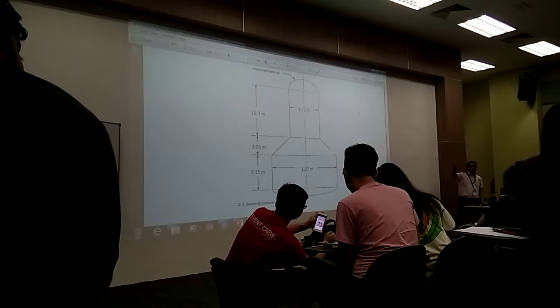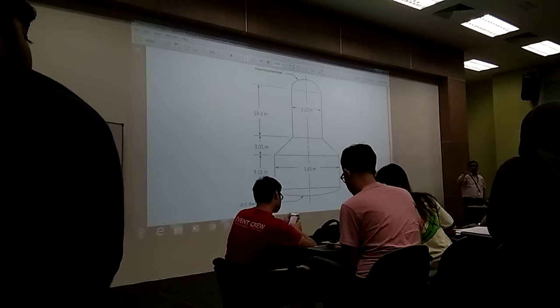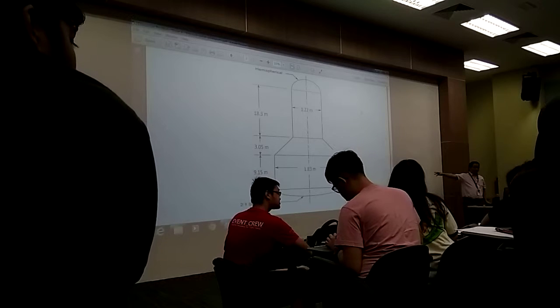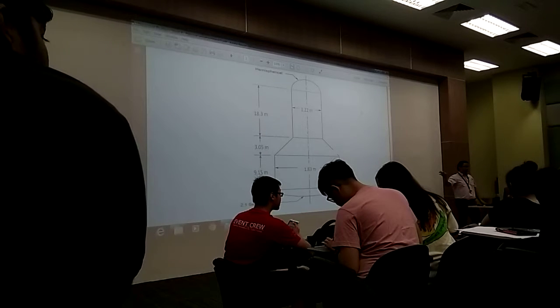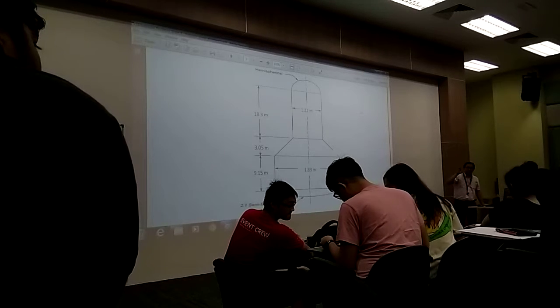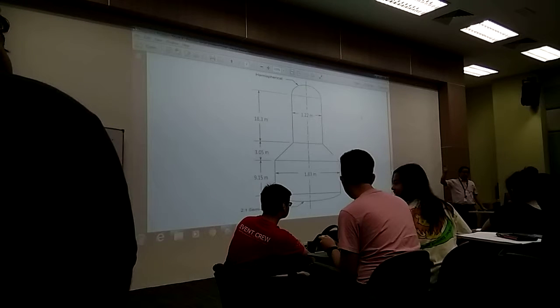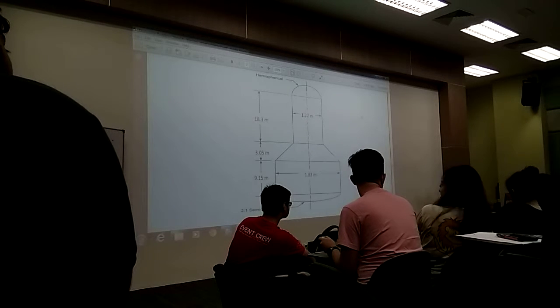And make sure, when you have done your calculation, you refer back to the standard and check if you are meeting the requirement, if you are meeting the minimum wall thickness, for example. If you are not meeting the minimum wall thickness, then you have to take the minimum value.